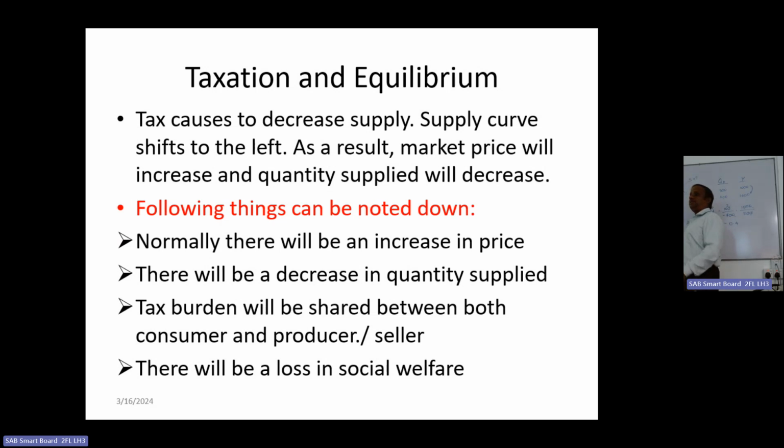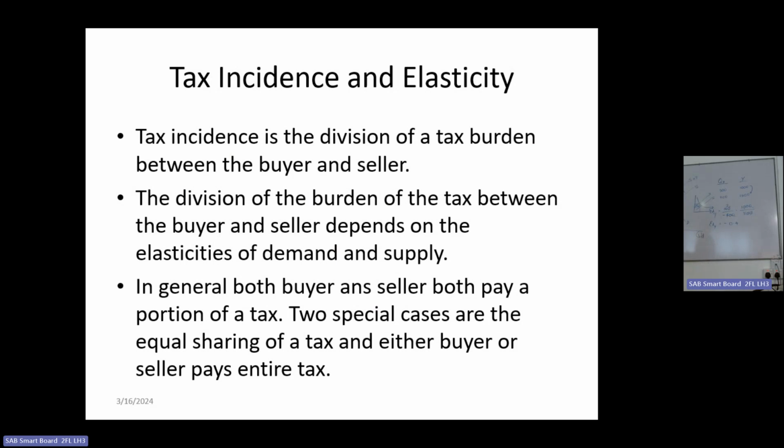So depending on the supply curve, that will change the tax burden share between the consumer and the producer. Now the tax incidence, right? That is the division of the tax between the consumer and the producer, or the tax burden share. That depends on the price elasticity of demand and supply.